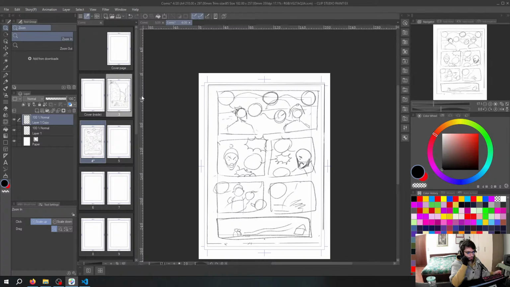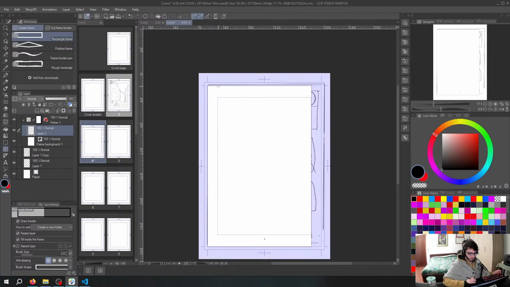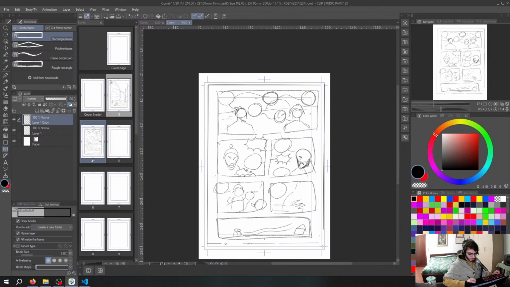So this is a left side page, which means I'm gonna have to drag my frame as follows. Son of a bitch.